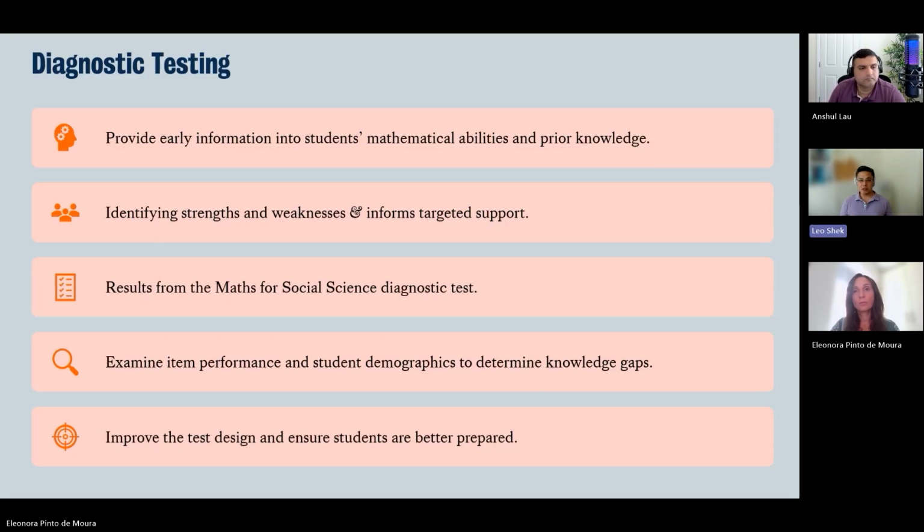So they need some knowledge in mathematics and also some statistical analysis. The results of the test have helped us find the knowledge gap, and because we ran it for the first time, we also want to use the results to tell ourselves what we can improve in the test, so that in the future we can design tests which provide more relevant information.